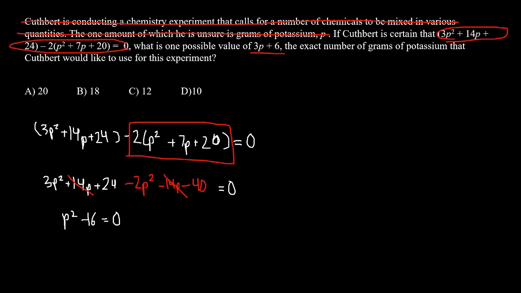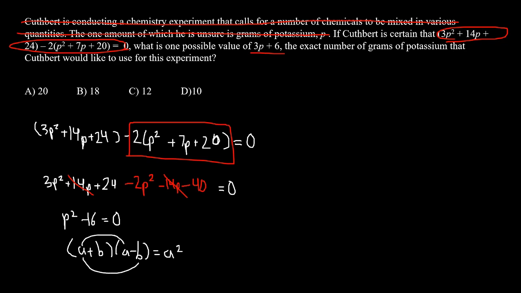So if you see p squared minus 16, hopefully you thought of your algebra, I wouldn't say identities, but very useful formulas to remember. If you recall, if you have a plus b multiplied by a minus b, if you use FOIL, you're going to get a times a is a squared.